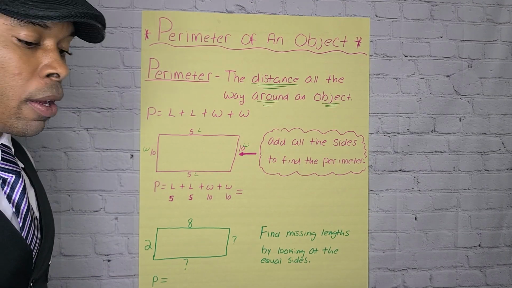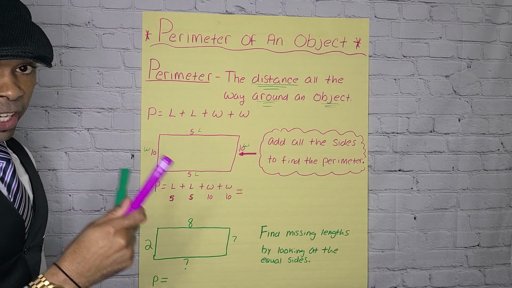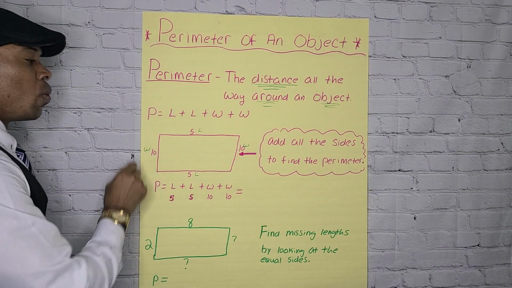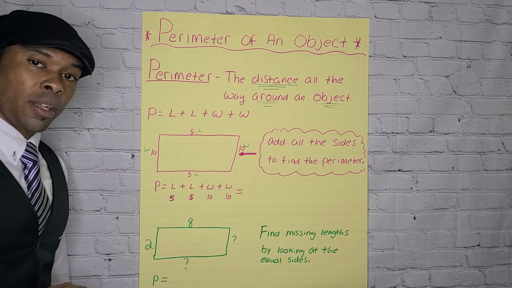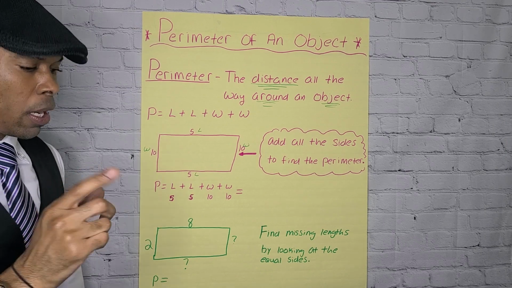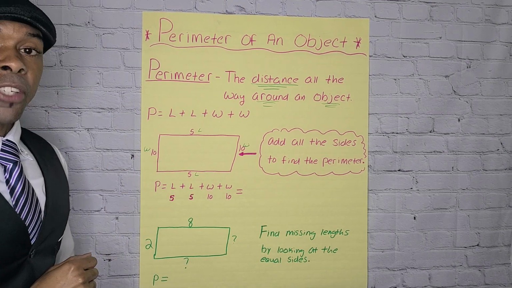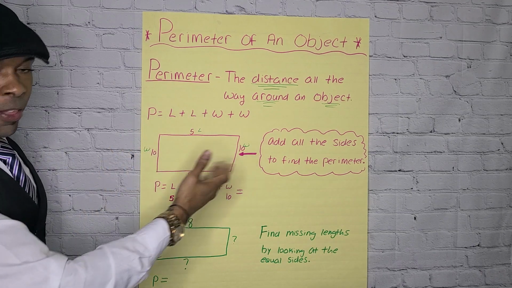Same thing, okay? Now, if you look right here, I have P, which stands for perimeter, equals L plus W plus L plus W. What does the L stand for? The L stands for length. Your W stands for width.